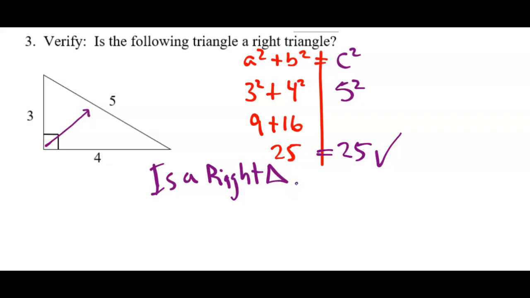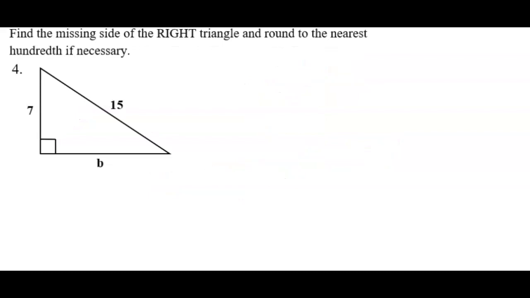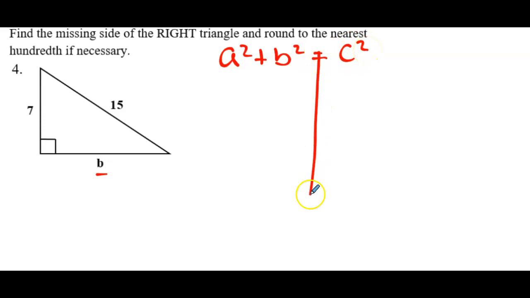All right, what if I don't know one of my sides? So here, I don't know one of my legs. I know that a squared plus b squared equals c squared. Okay?